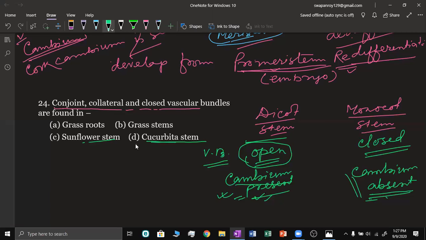Here the vascular bundles are open, but in the grass stem the vascular bundles are closed. In the root, the vascular bundles are neither closed nor open, because vascular bundles are not conjoint. In the root the vascular bundles are radial.